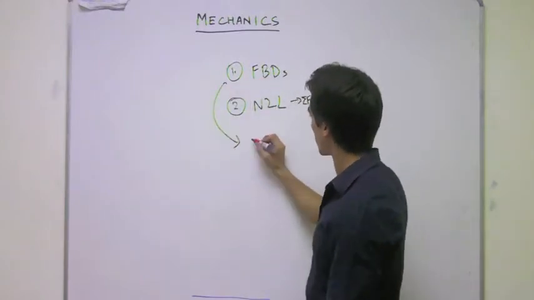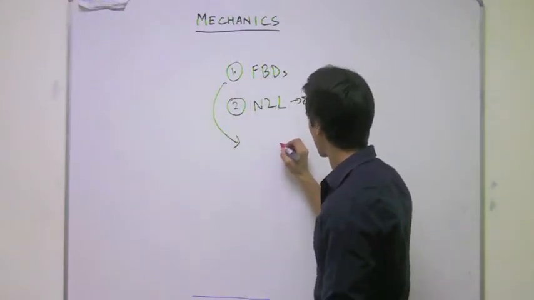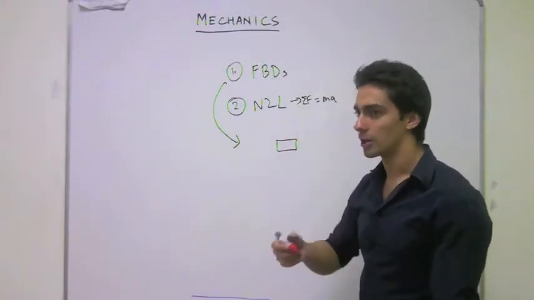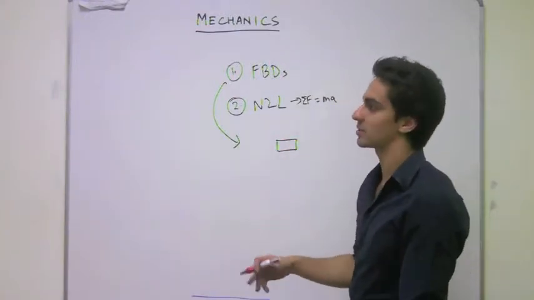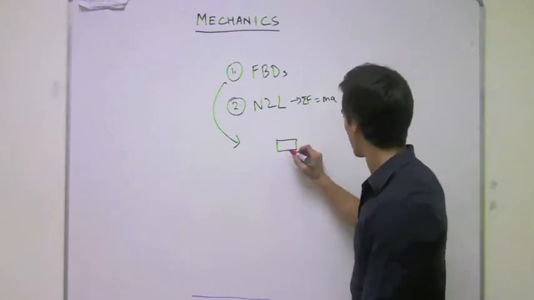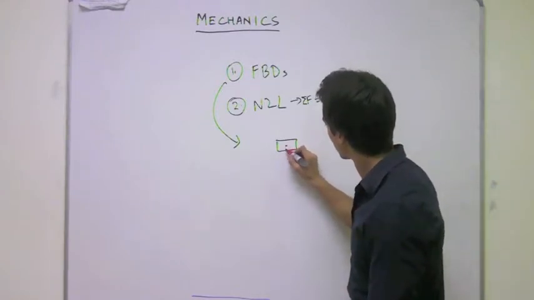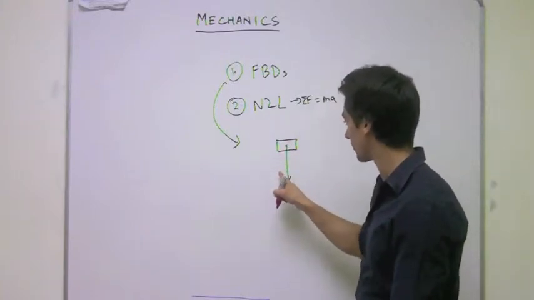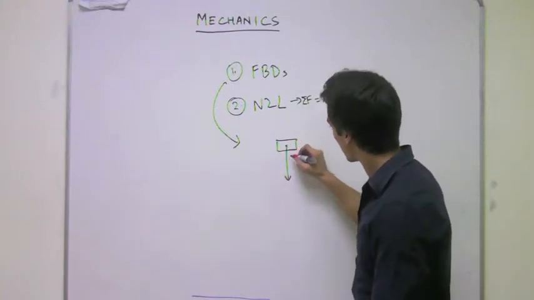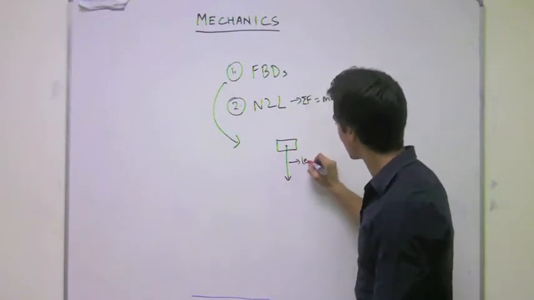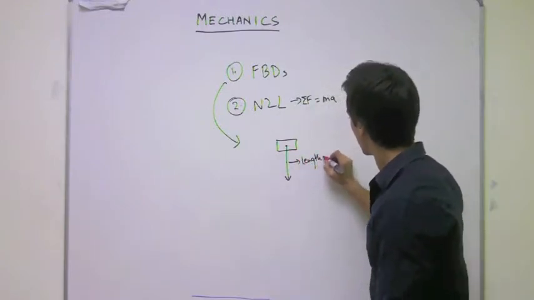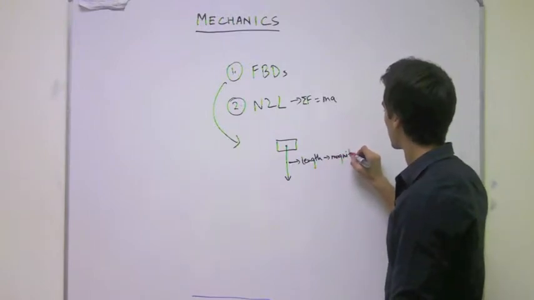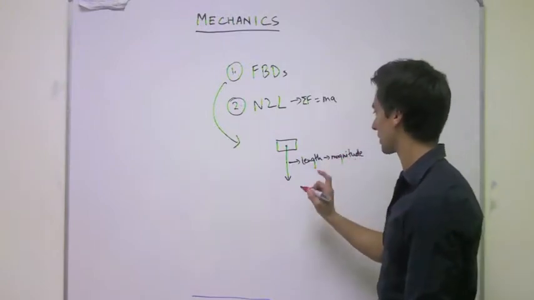One feature of a free body diagram: you can represent objects with boxes or a dot. It's not necessary to have the real shape of an object. Make sure of three important features of the vector arrows that you draw. One, the length of the arrow represents the magnitude, so the relative magnitude should be correct.